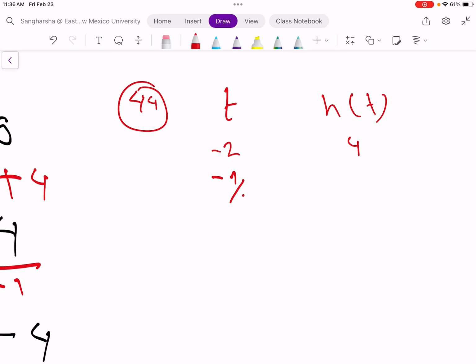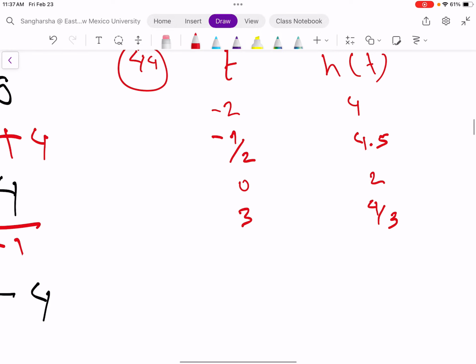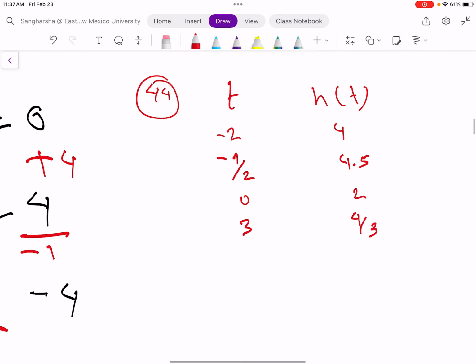When T is -1/2, H of T is 4.5. When it is 0, it's 2. When it is 3, it is 4/3. And when T is 4, our output is -1. So this is the H of T function.